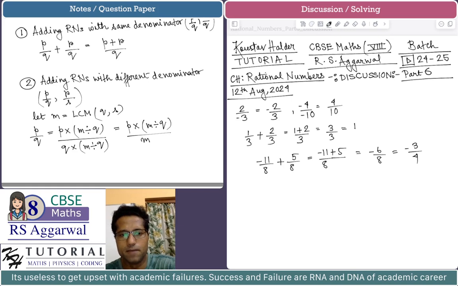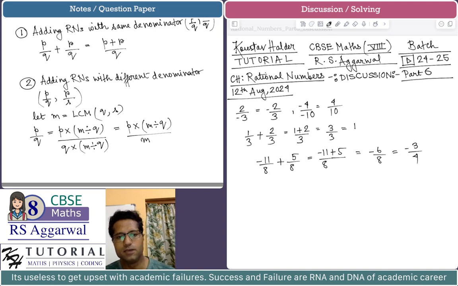If the LCM is M, then we have to convert both the given rational numbers P by Q and R by S to their equivalent form, so that both the equivalent rational numbers have a common denominator, the LCM, which is M. So we have to convert P by Q so that the denominator becomes M. The formula is: you multiply both the numerator and the denominator by M divided by Q. What is M?